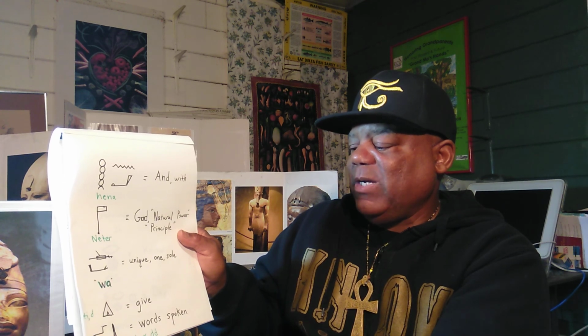Then for the word give, you have a little pyramid, which is pronounced T or D. And then for the word spoken, you have Medu said or Medu dead. I believe it's Medu said.